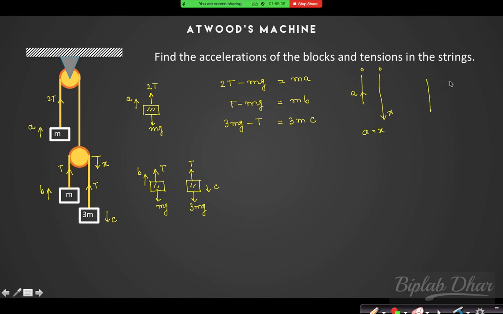For the lower two segments of the string, can we say that this is c minus b? Why complicate things?